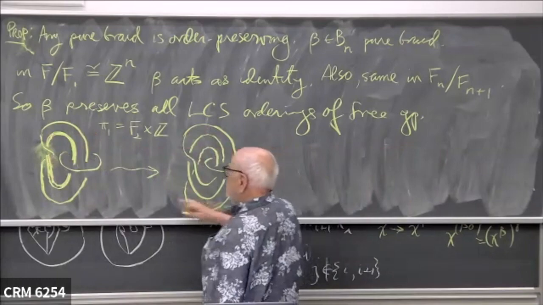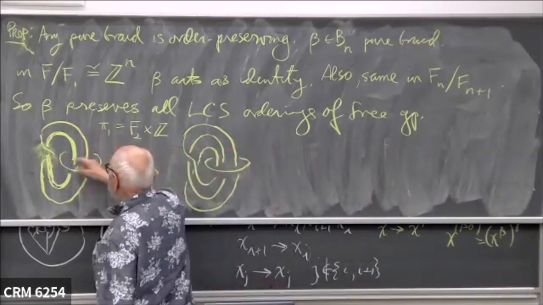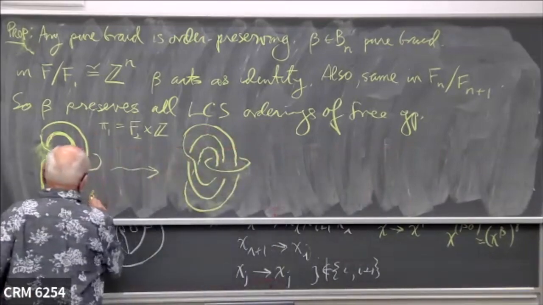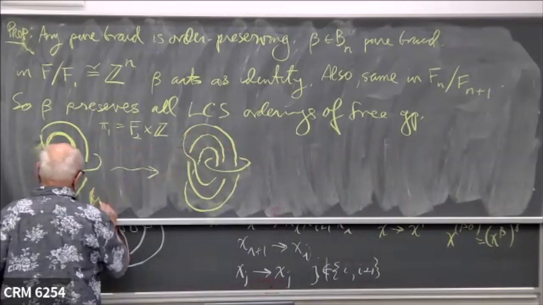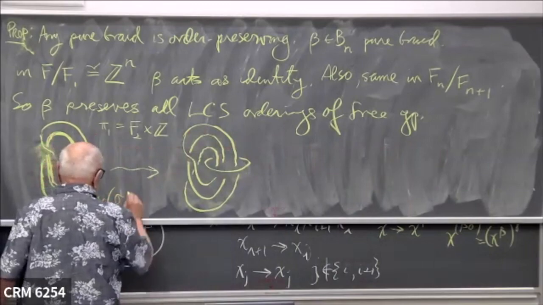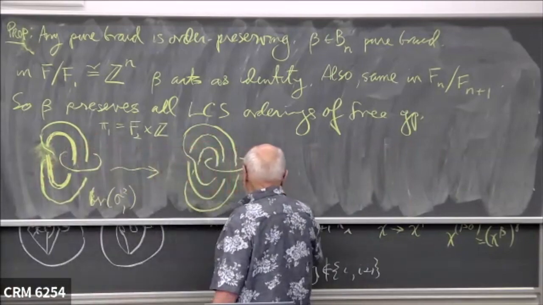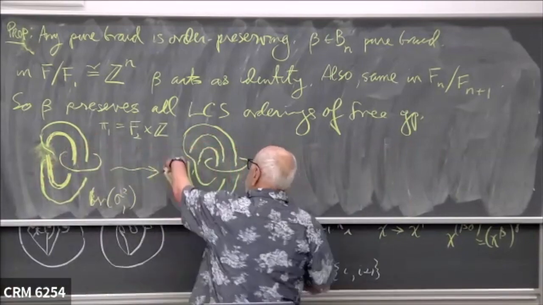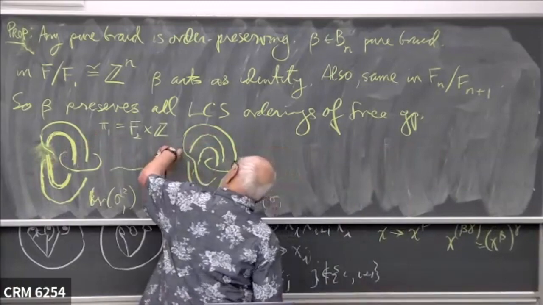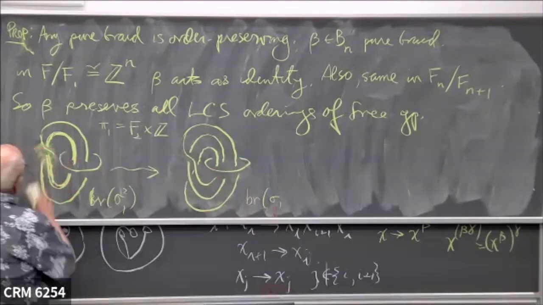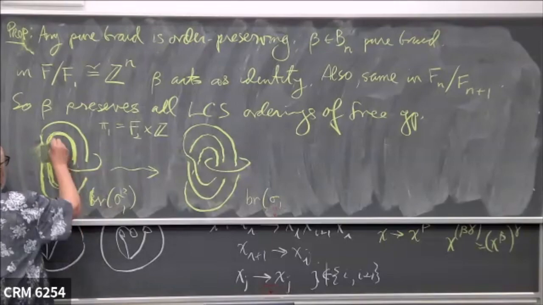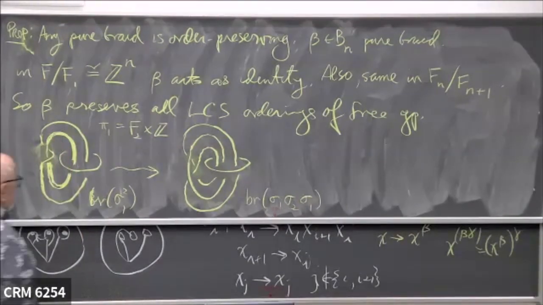And now I see that this is the braided link of sigma 1 squared, this is the braided link of sigma 1. I've got this backwards. Sorry. I got that wrong too.